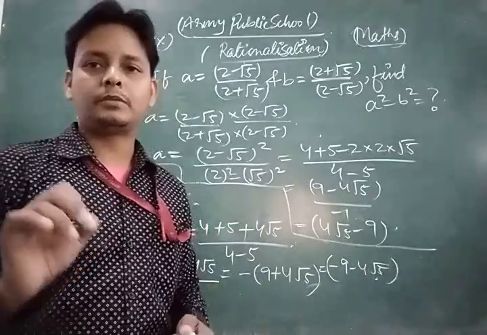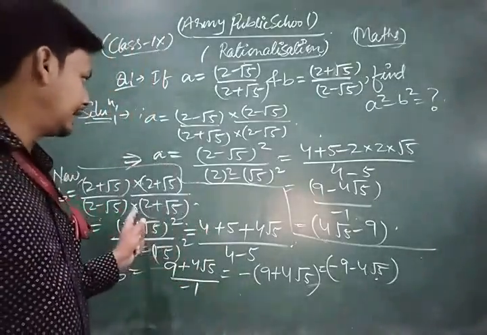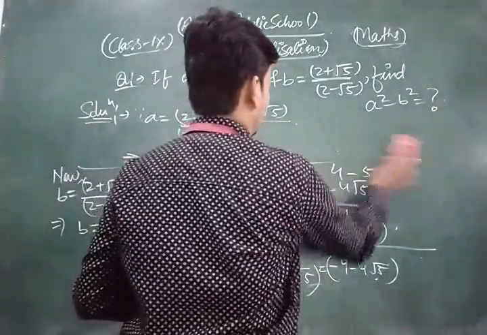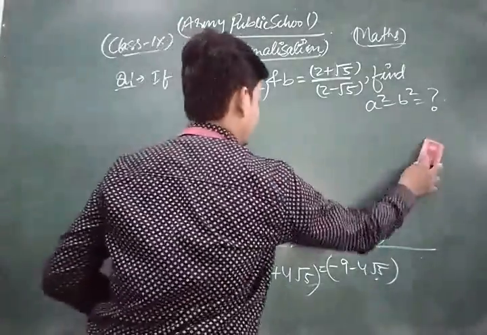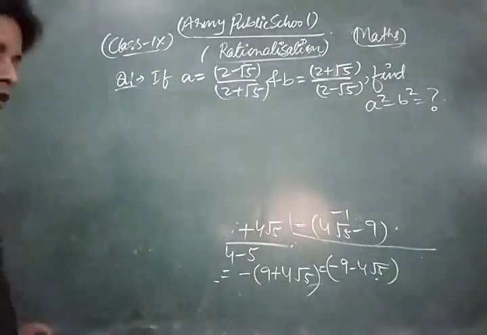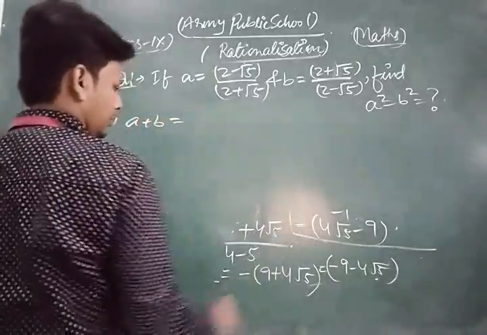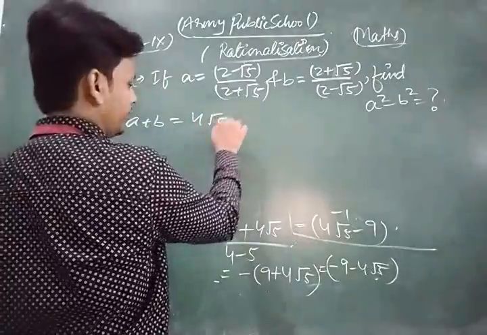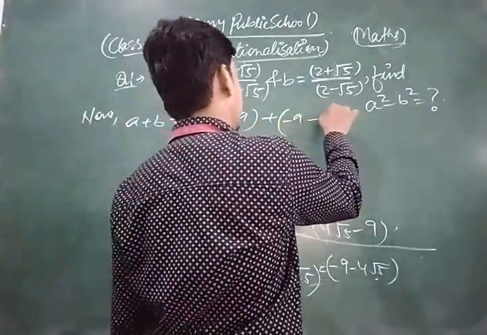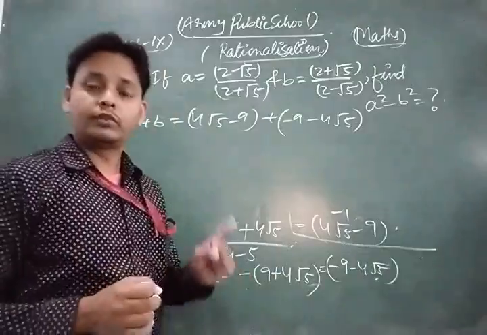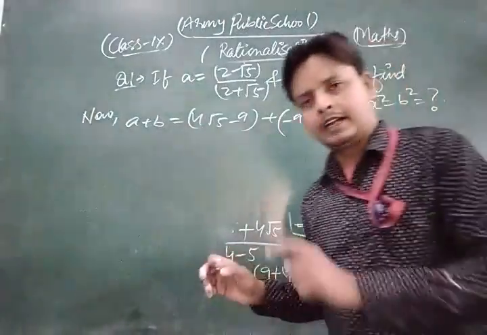Now for a square minus b square, we write a plus b in one bracket and a minus b in another bracket. First we find the value of a plus b. So a is 4 root 5 minus 9, and b is minus 9 minus 4 root 5.